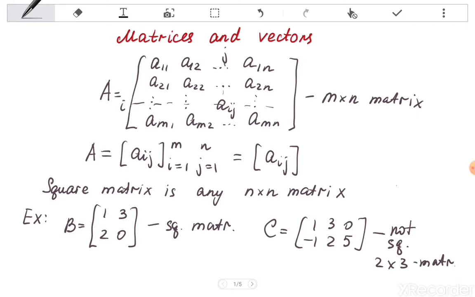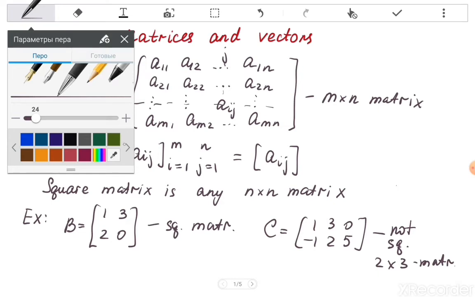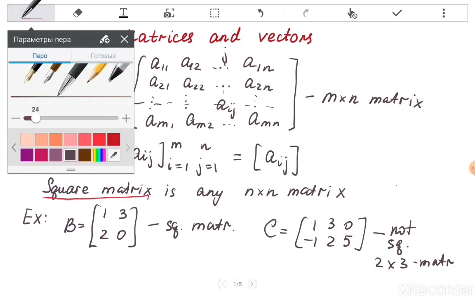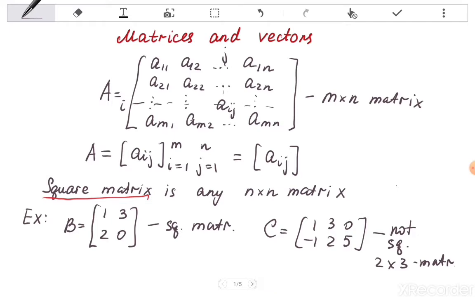Also, we'll introduce a notion: this one is a square matrix, and if the matrix is n times 1, in this case we'll also have a special name for such a matrix.